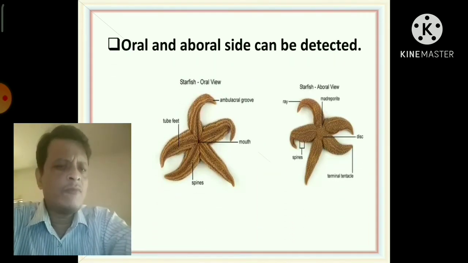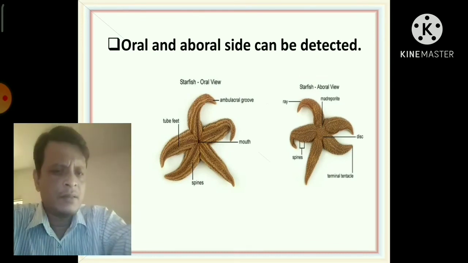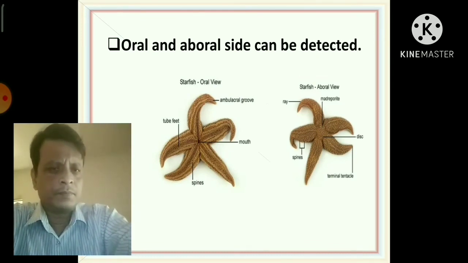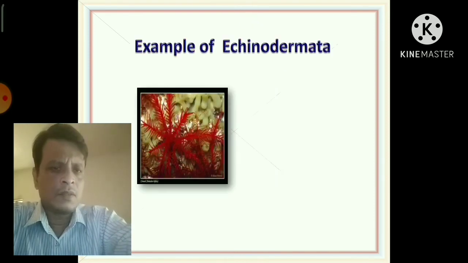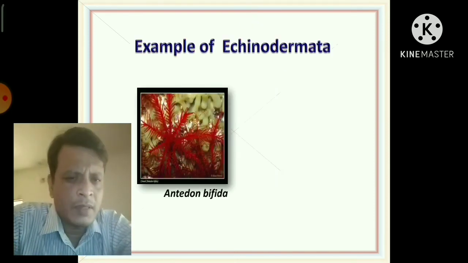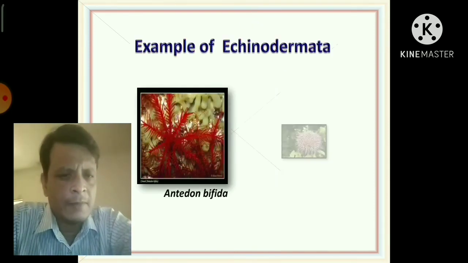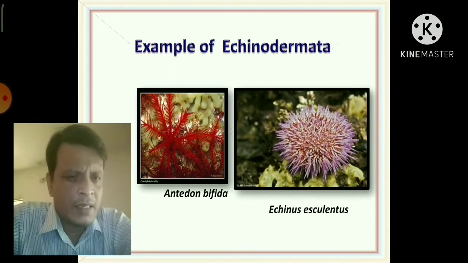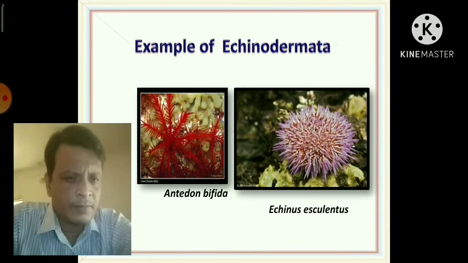Now the oral and aboral sides can be detected. Examples of the Echinodermata: Antedon bifida and Echinus esculentus.